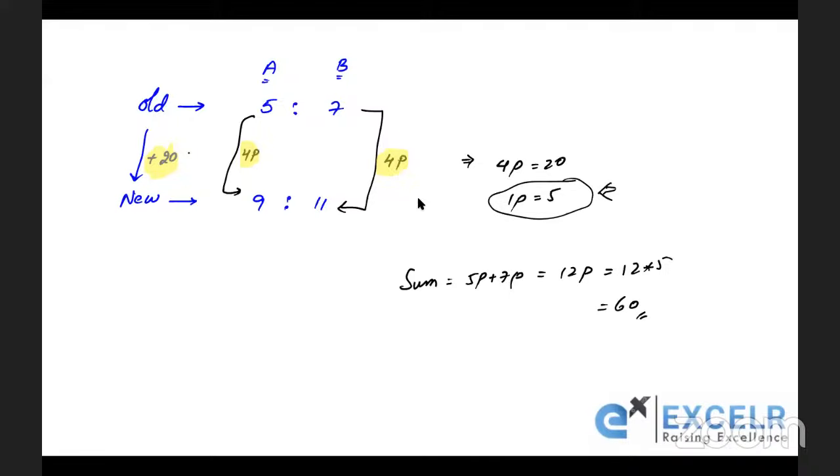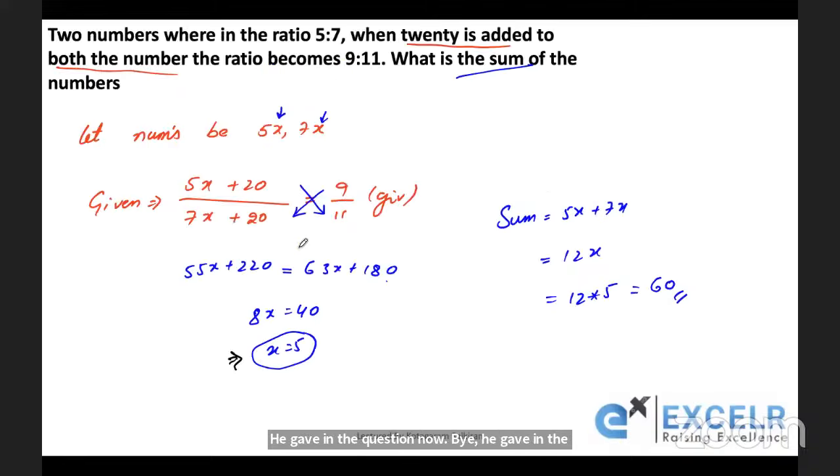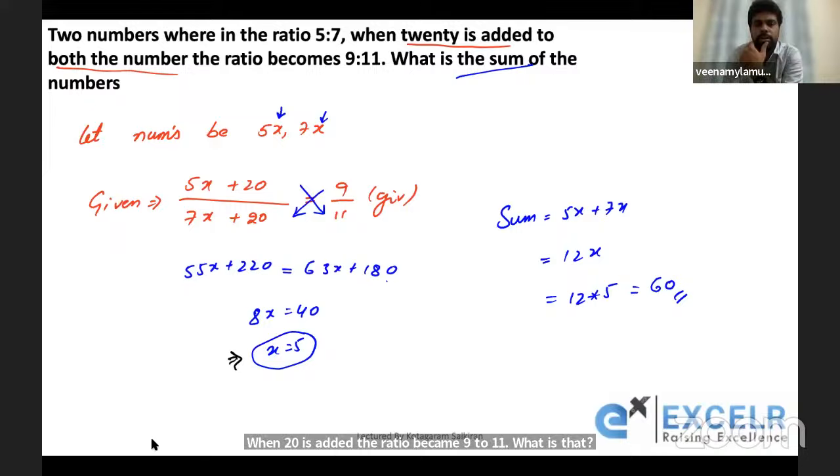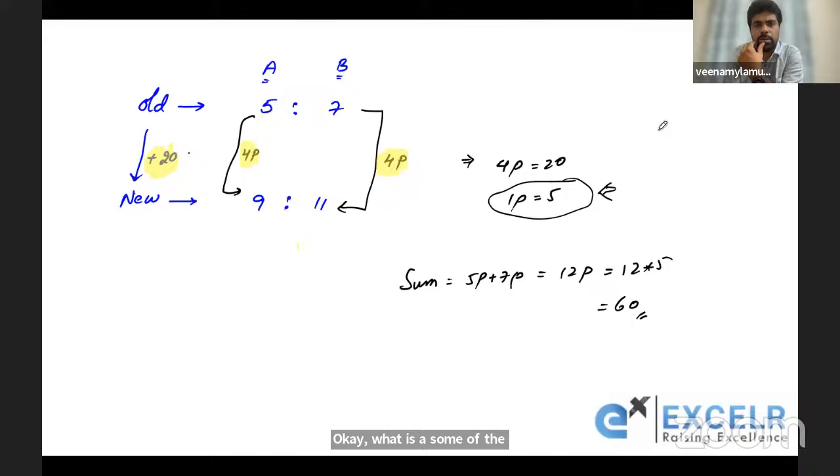Sir, can you repeat it once again? Please, sir. Ravindra Kumar, once display the question, sir. He gave it in the question itself, no? Vaibhav, see, two numbers are in the ratio 5:7. When 20 is added, the ratio became 9:11. What is the sum of the numbers he told? So 5:7 and 9:11 he already gave.